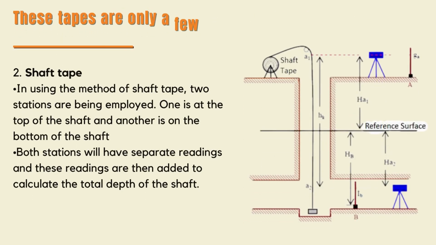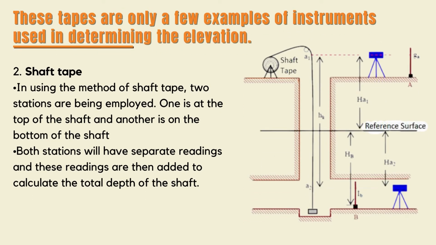Number 2. Shaft tape. In using the shaft tape method, two stations are employed. One is at the top of the shaft and another is at the bottom of the shaft. Both stations will have separate readings, and these readings are then added to calculate the total depth of the shaft.